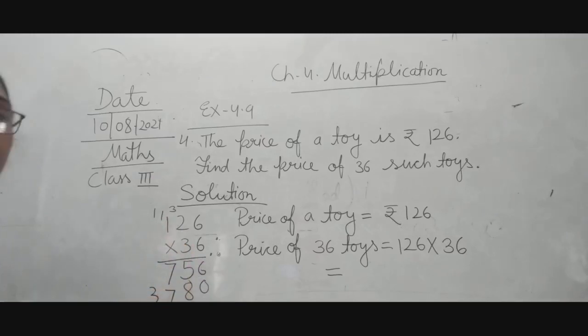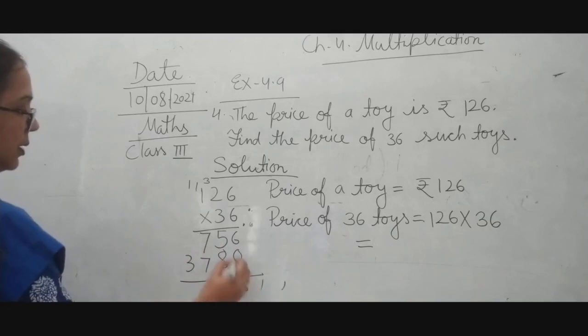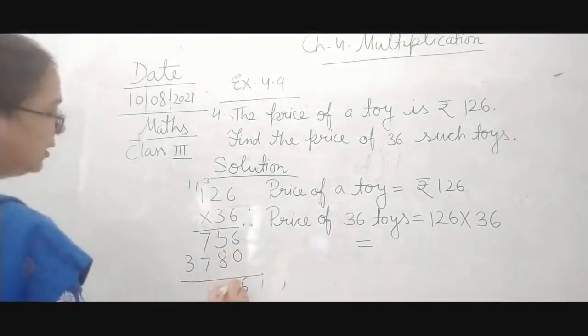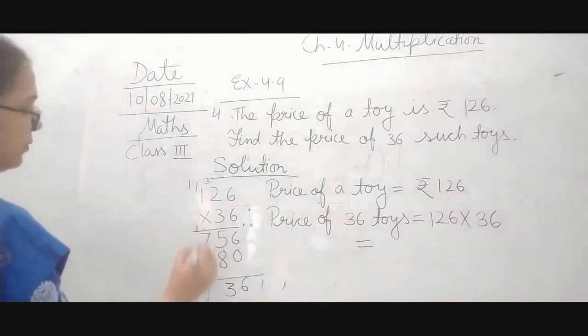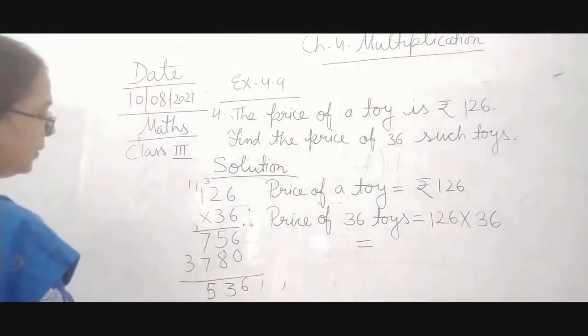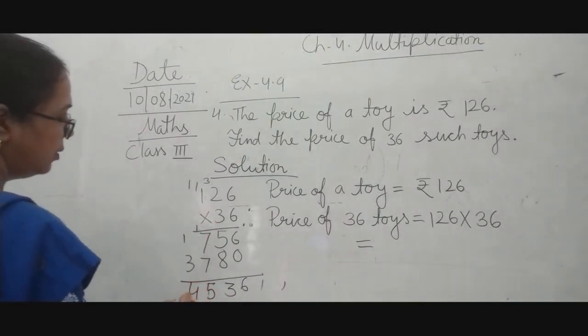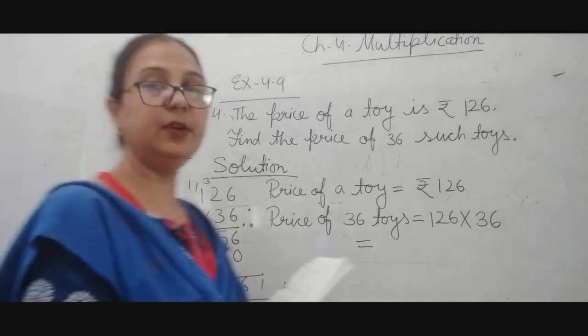Let's add, children. Okay, first we will add, children. 6, 8 and 5 is 13, 1 will be carried over. 7, 7 is 14 and 1 is 15. 5 and 1 carried over, 3 and 1 is 4. So the answer is 4,536.